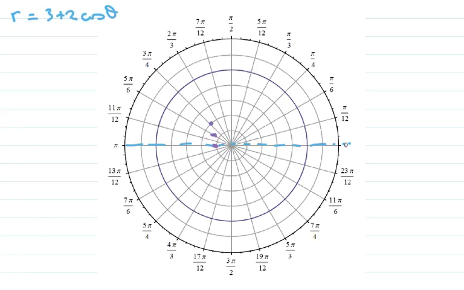And then at pi over 3, which is here, we go out 3: 1, 2, 3. And then at pi over 6, we're at 4. So we get 1, 2, 3, 4. And then at 0, we're at 5, which is here. So I'm going to draw it. Kind of goes like this.